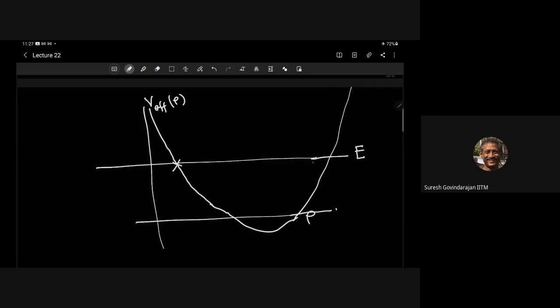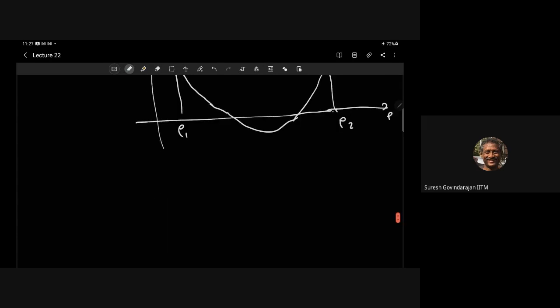Okay, so then we'll have two turning points, O1 and O2. Okay, so again, now we can write I2.